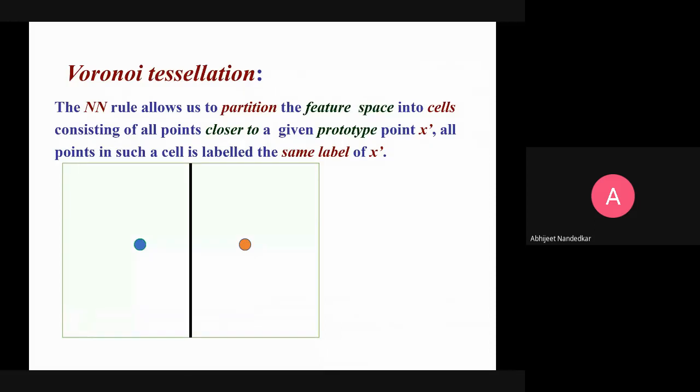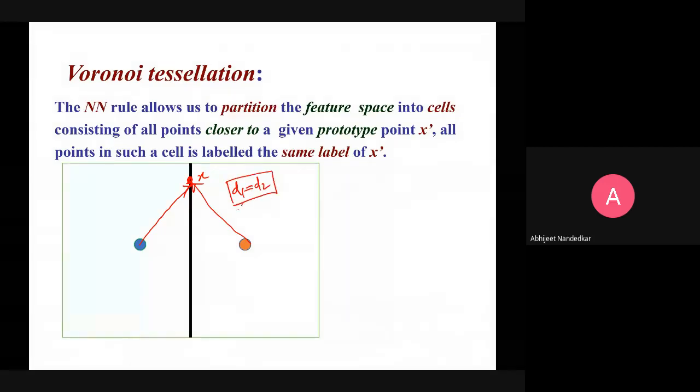This will be the boundary between the two classes. If you take any sample on it, the distance from class 1 to x and class 2 to x is the same. So d1 is equal to d2.